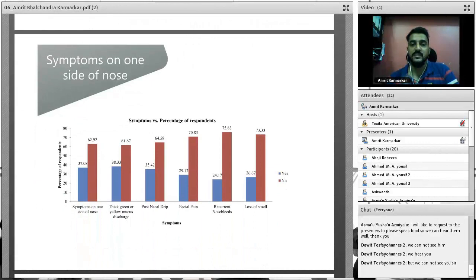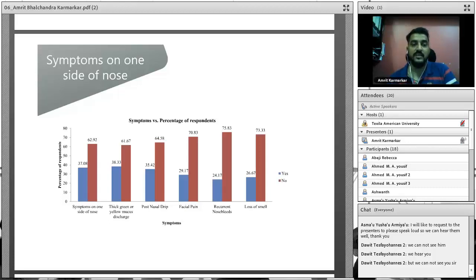Now the results. We asked them different questions. The first question was whether they are observing any symptom on one side of the nose. Apart from this, the symptoms on one side of the nose, that is thick green-yellow discharge, post-nasal drip, facial pain, nose bleeds and loss of smell, we found that many of them are not experiencing such symptoms.